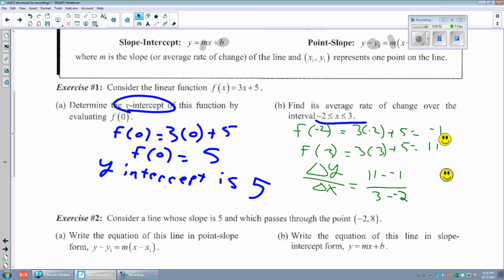Make sure they line up. The negative 1 and the negative 2 are above each other. The 11 and the 3 are above each other. Do that, and it is 12 over 5. That is the average rate of change.